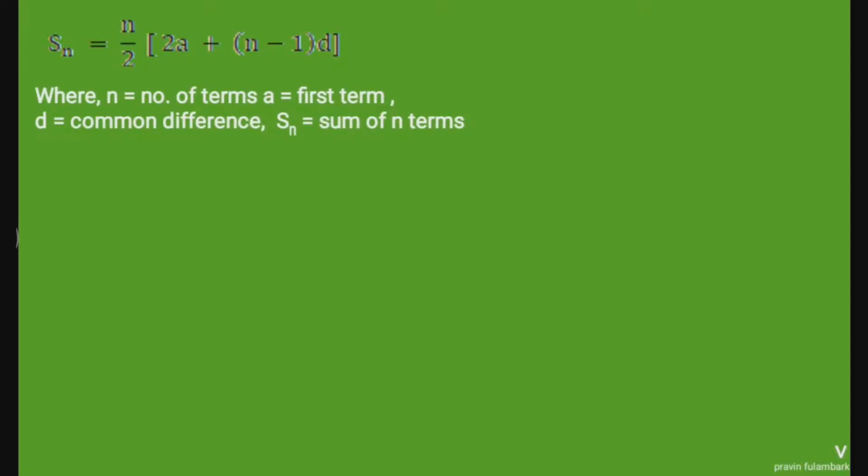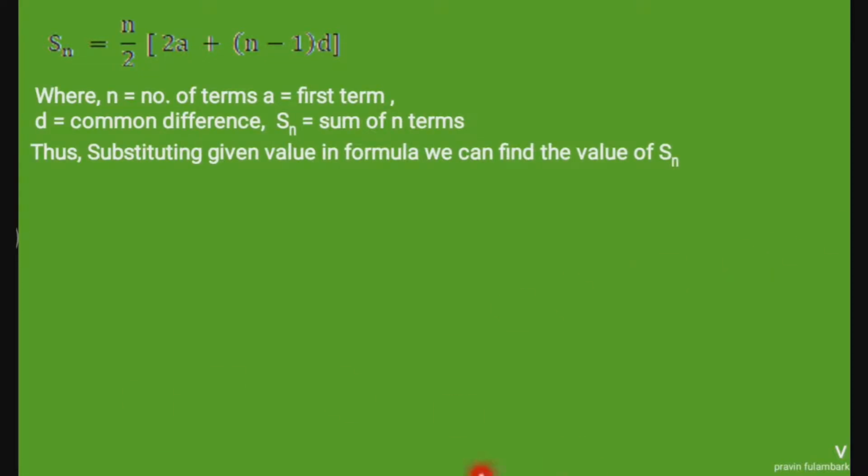So we substitute the values. Thus substituting given values in formula, we can find the value of Sn. Here n is number of terms, a is first term, d is common difference, Sn is sum of n terms. Now substitute these values.